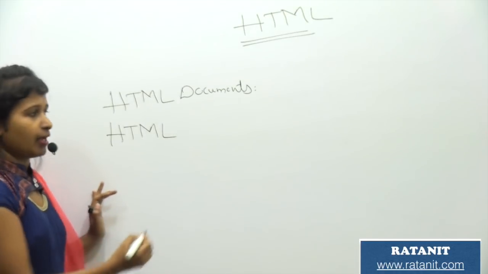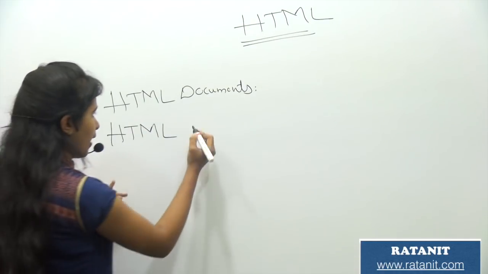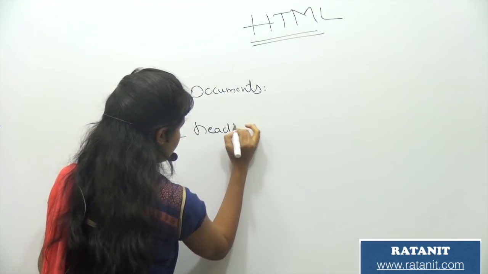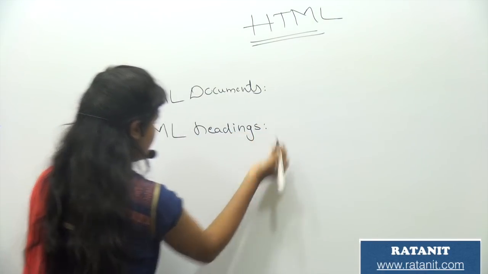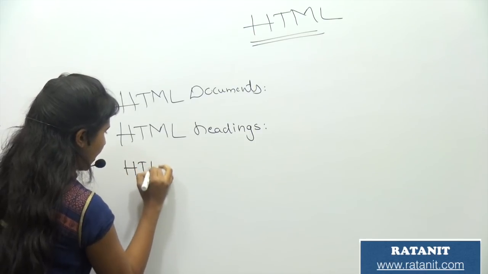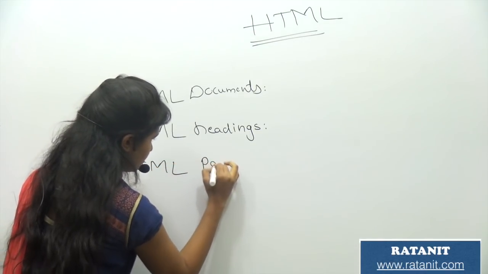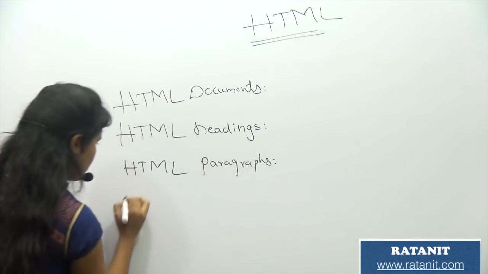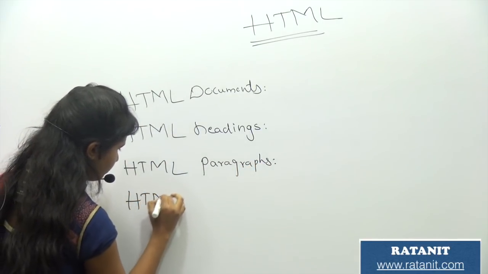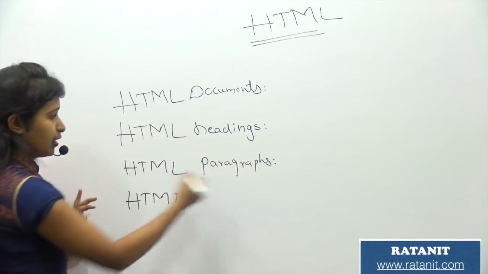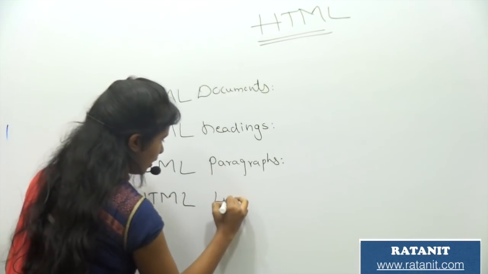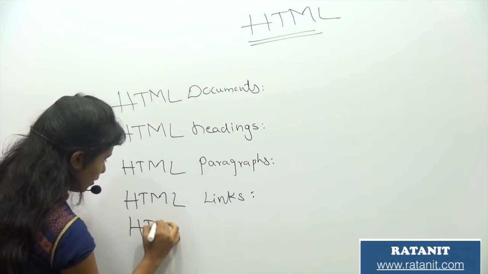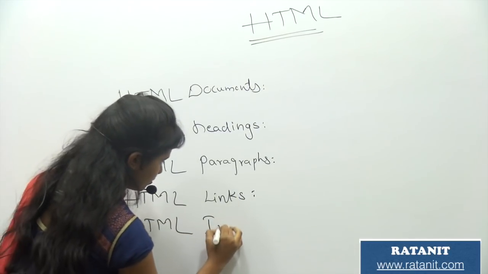The basic things are HTML documents and HTML headings, HTML paragraphs, and HTML links and HTML images.